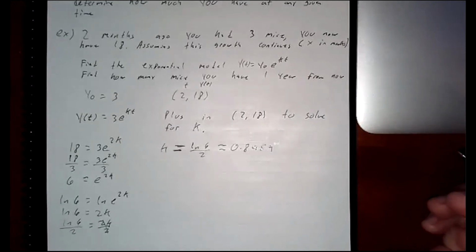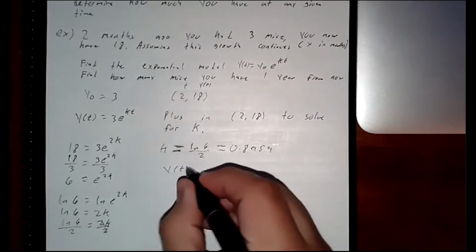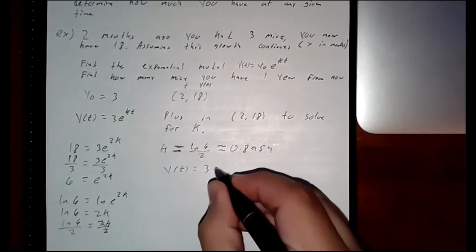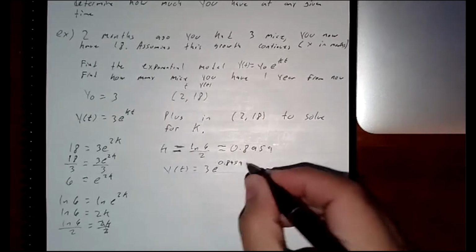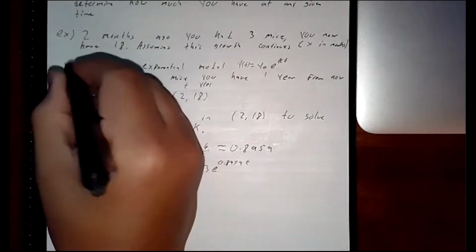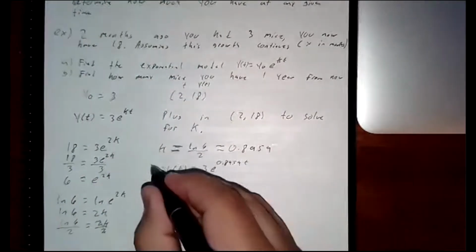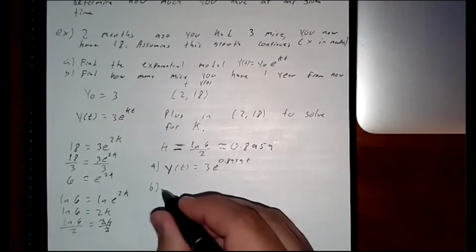Okay. So plug in the k. So now we have y of t equal to 3 e to the 0.8959 t. So that's the model. This is part A. Part B will be just plugging in the number they're asking for.